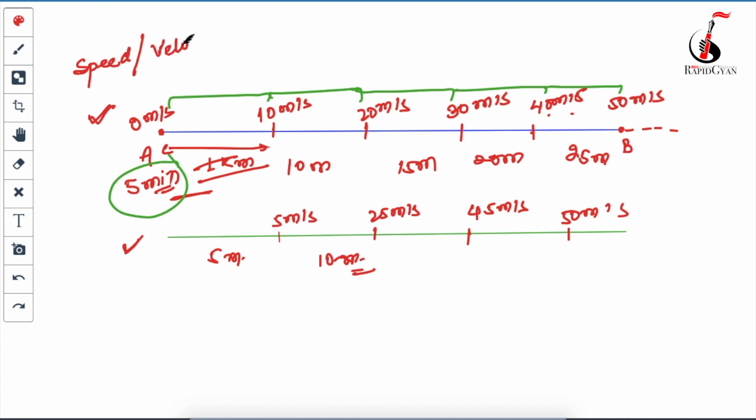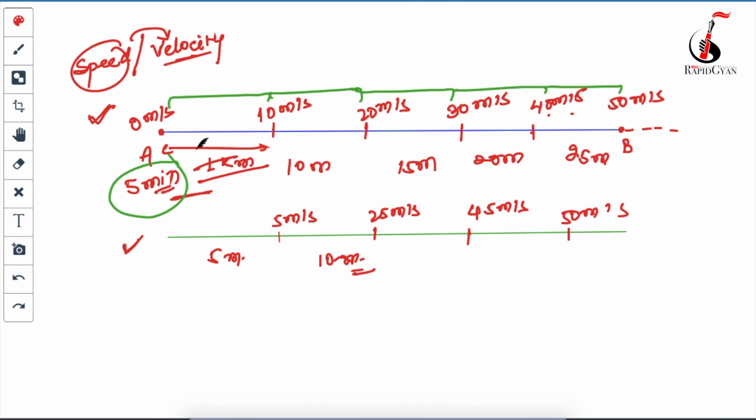Remember, I told you in the last video what the difference between speed and velocity is. Velocity means your path should be in a straight line. In this case your path is a straight line, so all of these are your velocity. See, your velocity is getting changed over time.